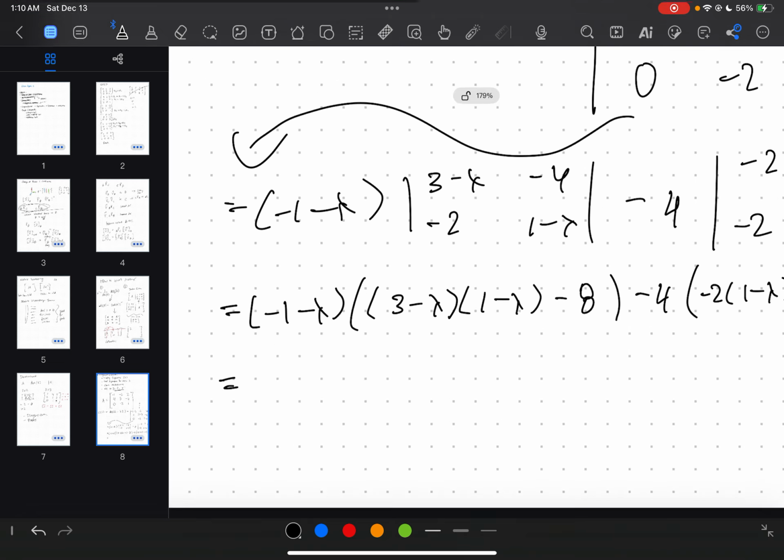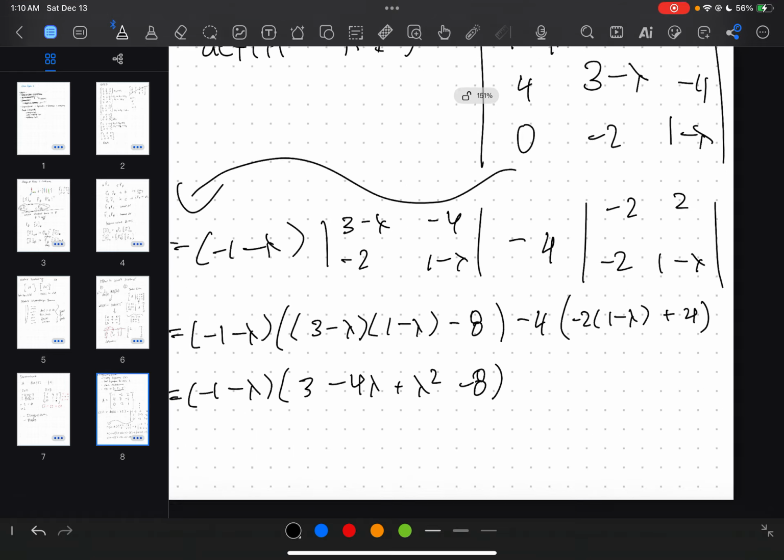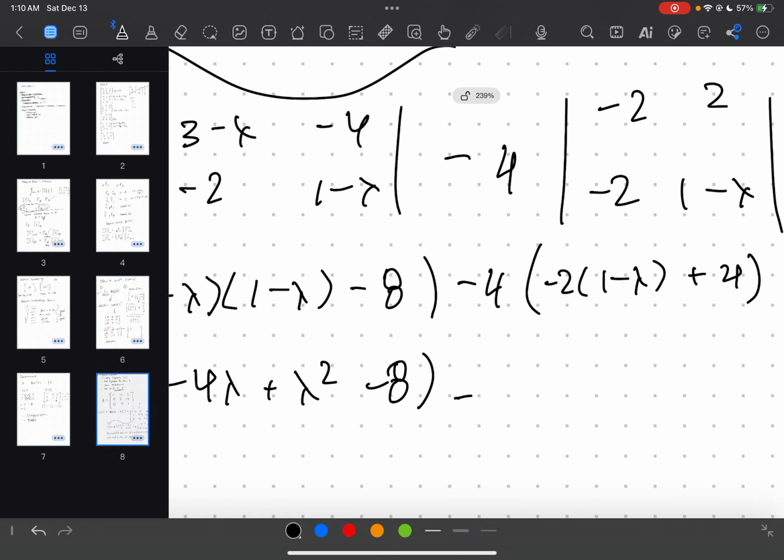As you know, now we're trying to find the solution to this using typical algebra. So it's like 3 minus 3 lambda minus 1 lambda is minus 4 lambda plus lambda squared minus 8, minus 4 times minus 2 plus 2 lambda plus 4.